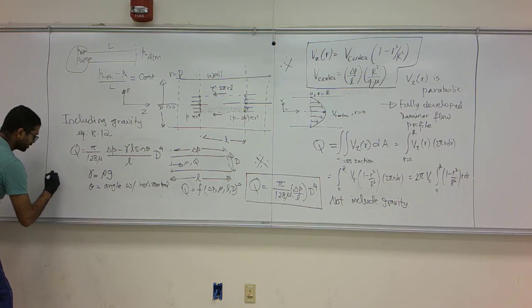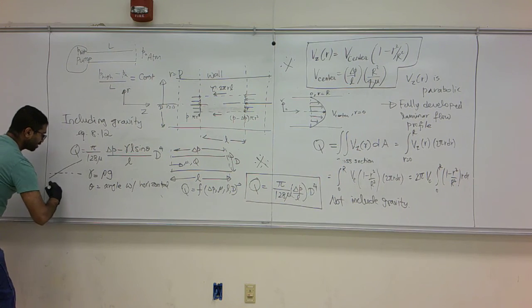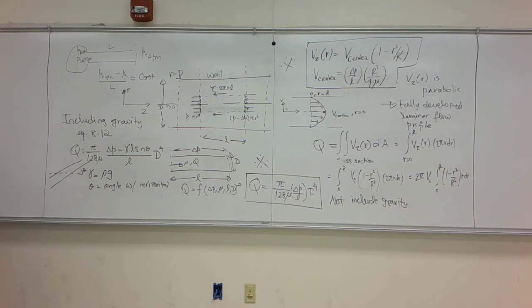That is, if this is your horizontal, if your pipe is inclined this way, this angle is theta.